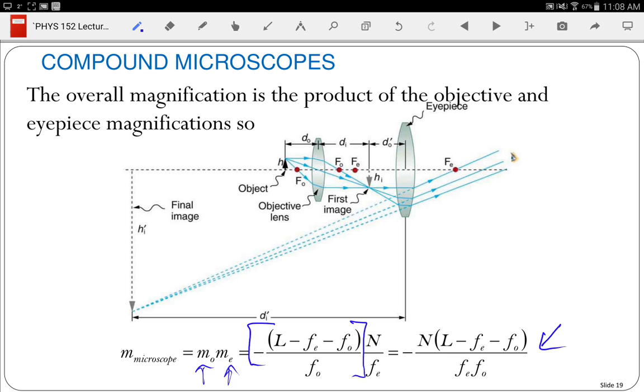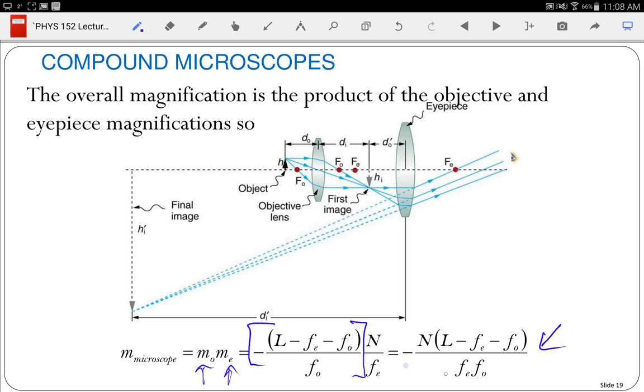You'll find some sources, like the textbook I used last year, that say let's use the extra focal length and call that the length. That is the length from the focal point of the objective to the focal point of the eyepiece. That to me is confusing, but you can find different equations where they use a different definition for L. So it's important to know what these things mean and not just say, oh, got an equation, let's use it.